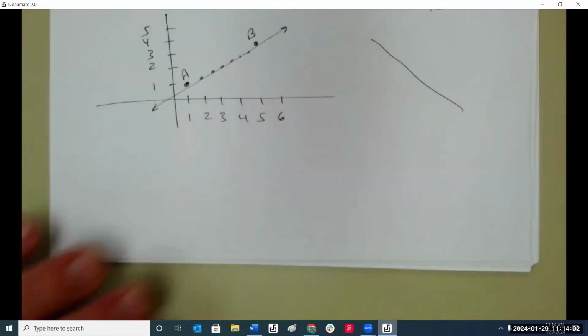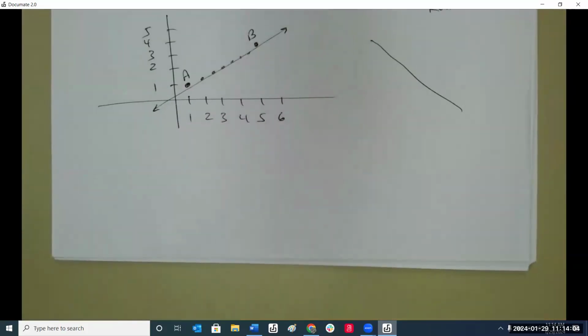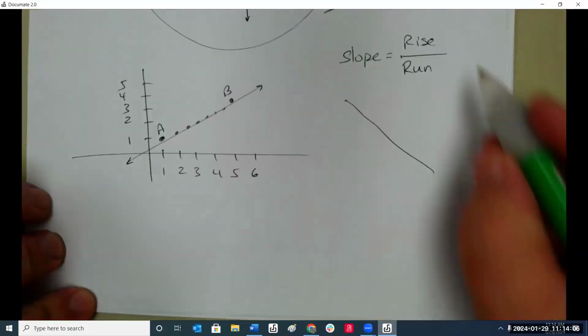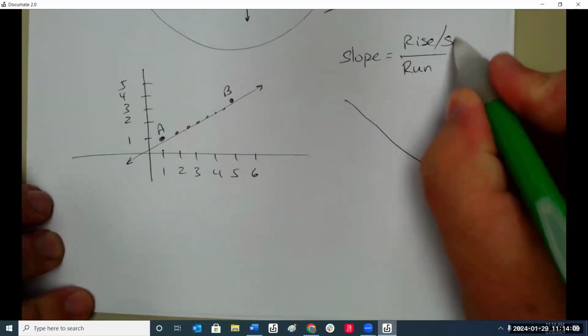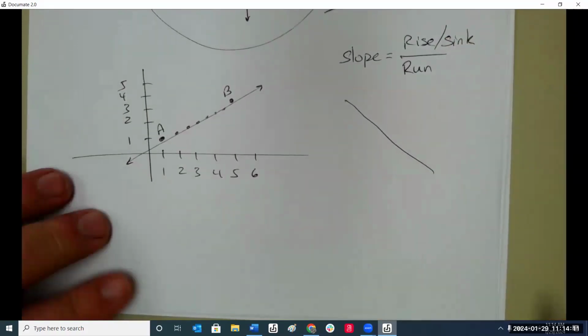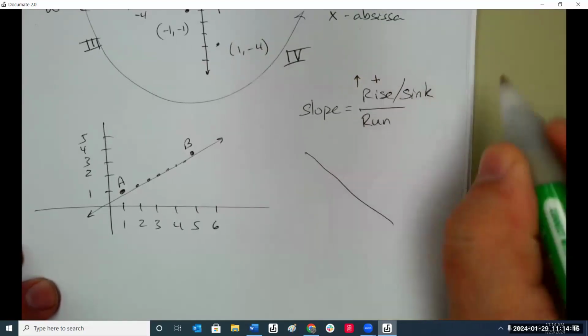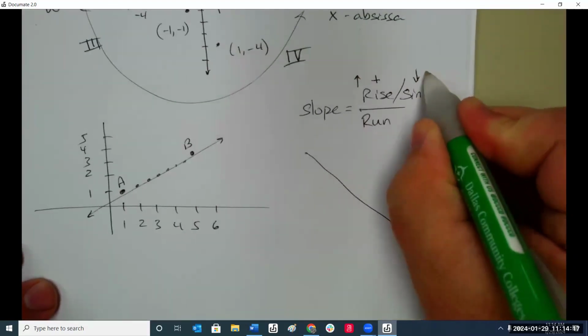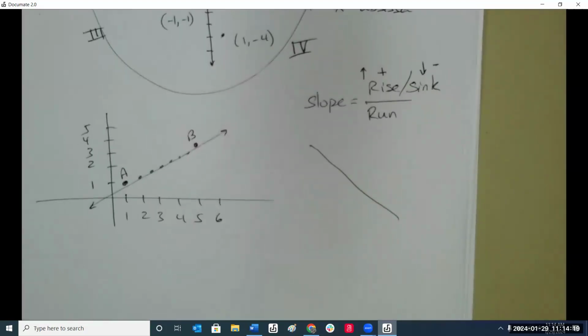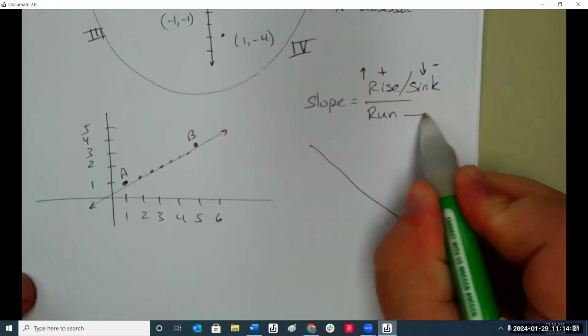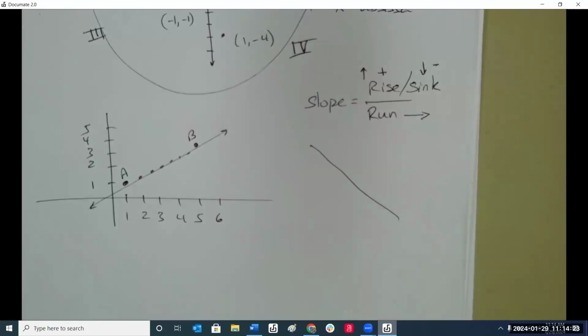You can never have a graph like this. So it's either rise or sink. It's rise, it goes up if it's positive, it goes down if it's negative. The bottom number is always running to the right.